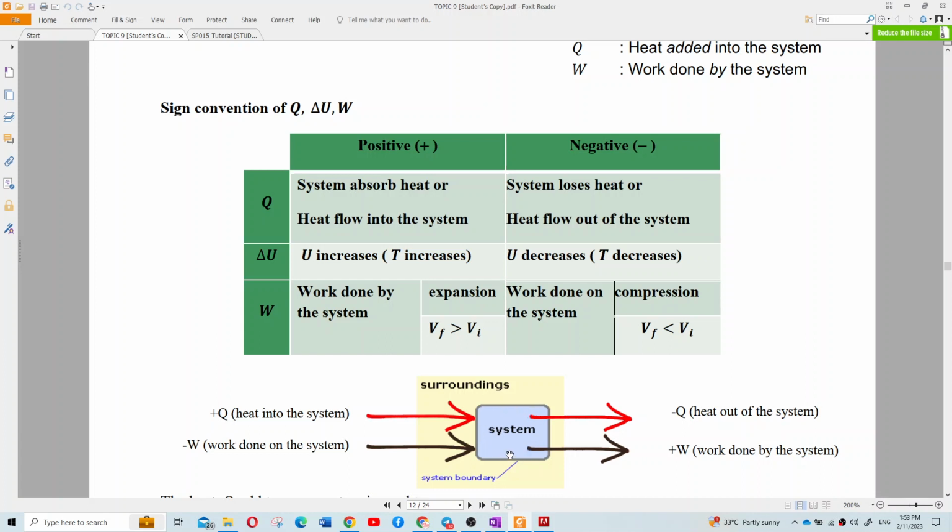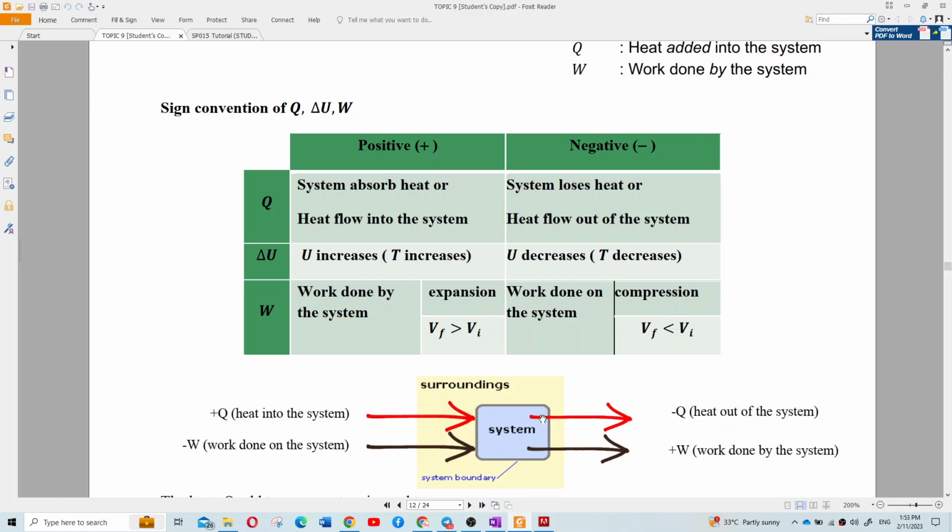Correct or not, class? Give me a thumbs up if you understand. You assume that this system is like your room, your dorm. Your dorm got aircon or not? No aircon, okay, never mind. Only my master room got aircon in my own home.